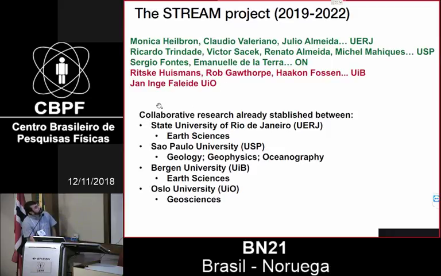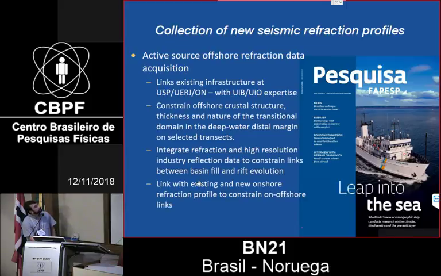So this started about 5 years ago with the collaborative research between State University of Rio, São Paulo University, Bergen, and Oslo. So the idea is that now São Paulo University has an oceanographic vessel that is fully available for this kind of work.